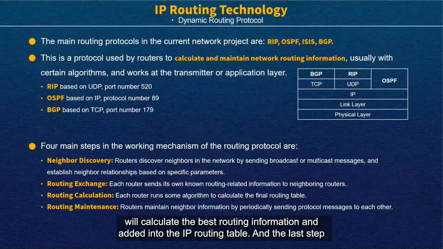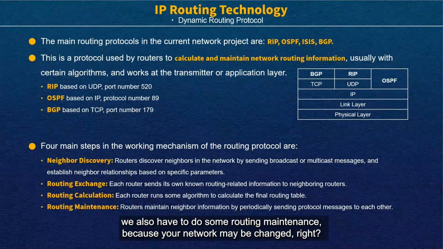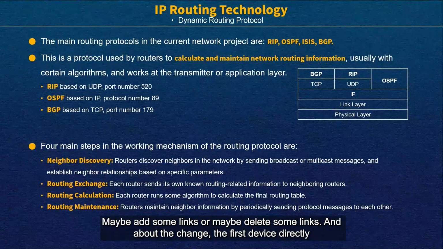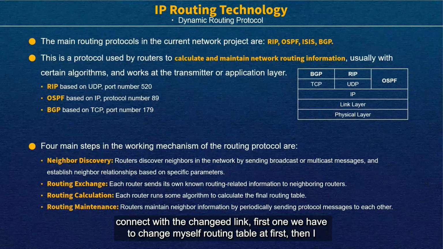And the last step, we also have to do some routing maintenance because your network may change, right? Maybe add some link or maybe delete some link. And about the change, the first device is the one directly connected to the changed link. First, we have to change my own routing table.